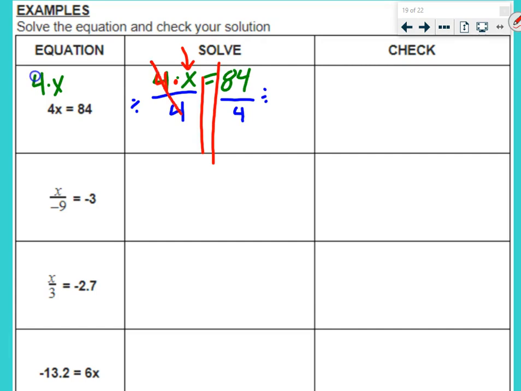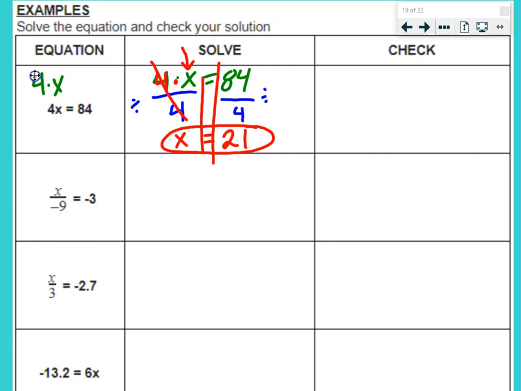4 divided by 4 is 1. So we say it cancels out because then it leaves us with 1x, which is the same thing as just x. We don't need the 1 there. We could put the 1 there, but we don't need it. So we usually just cross out the 4's and put an x. Equals 84 divided by 4 is 21. So x equals 21.